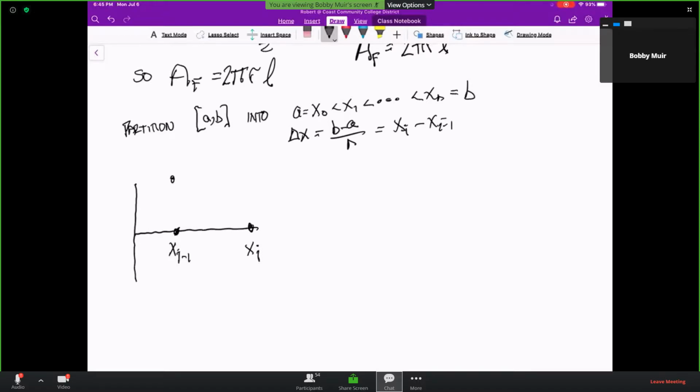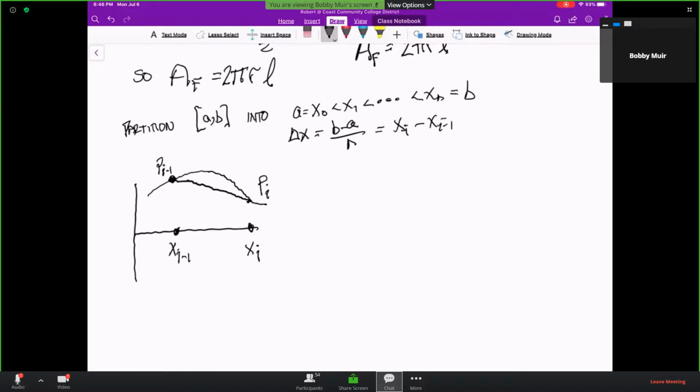And the function, let's say this is the point Pi minus 1, and then this is the point Pi. Now the function is going to be doing something smooth through here like that, but what we're going to do is approximate that distance with this straight line distance.